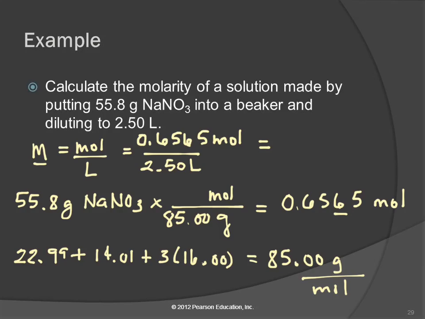So we take 0.6565 divided by 2.5 and get another cool number, 0.2626. But how many sig figs should that have? 3. So we'll round that, and we'll call it 0.263.